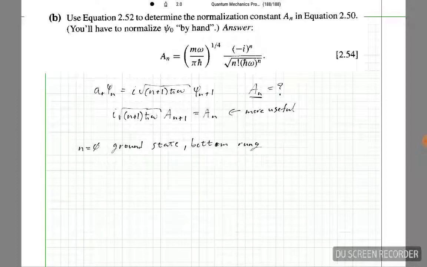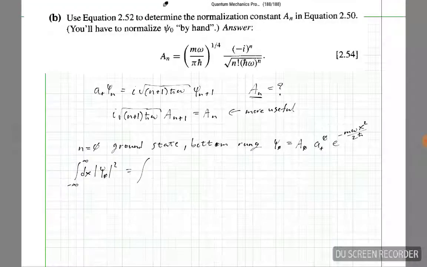So my bottom rung is going to be this psi naught. And we know that's going to be A naught, and then you have your ladder operator raised to the 0 power, and then times this. So there is no ladder operator there. So now I'm going to go ahead and integrate that over all space.